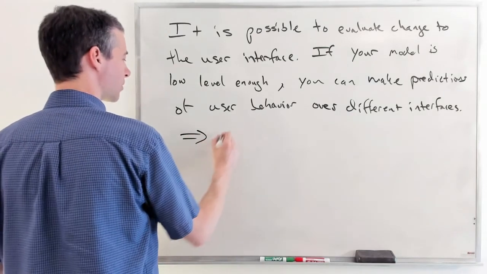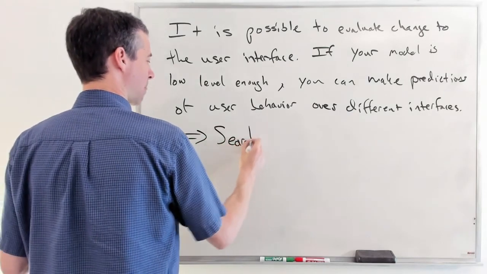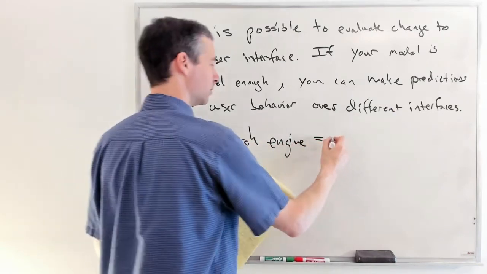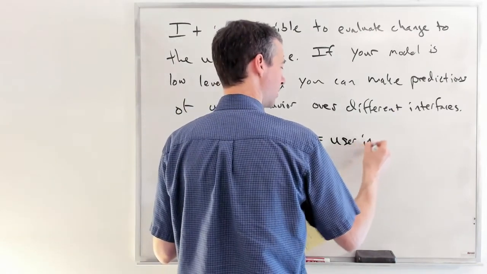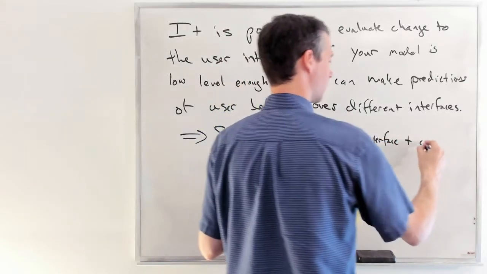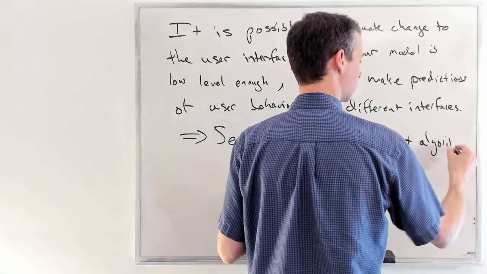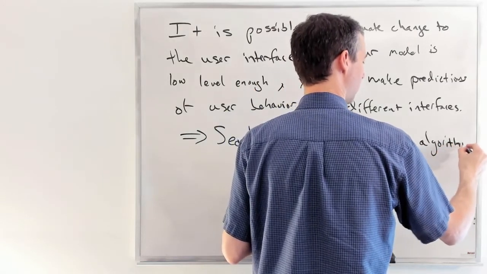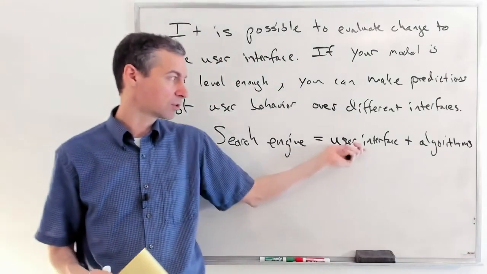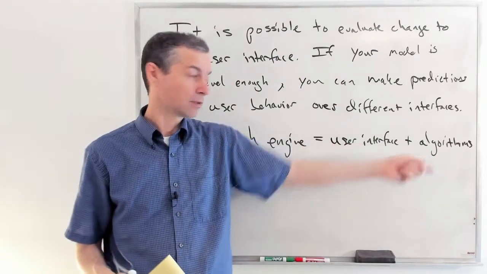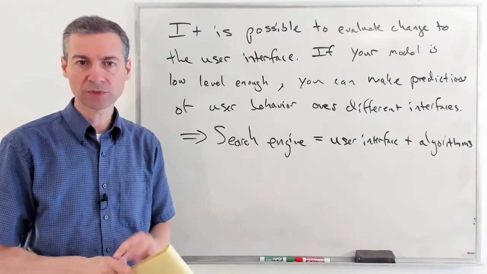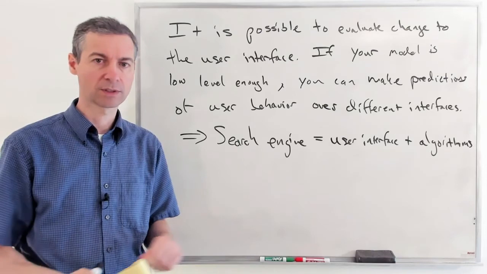So keep in mind that a search engine has this user interface, but it is combined with the algorithms behind it. So we could design new search engines with different interfaces and also different algorithms. It's not just that we have one user interface for search engines.